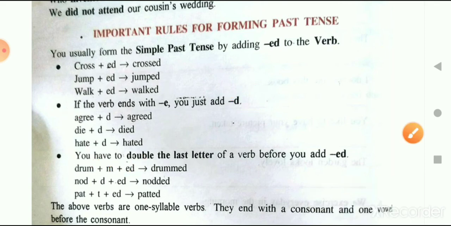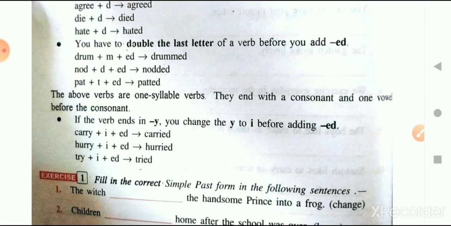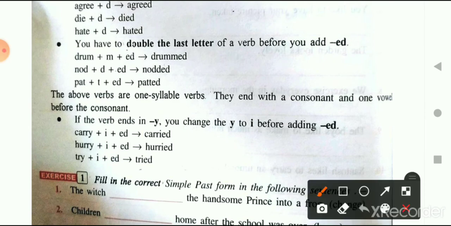So these are a few rules which you have to consider while forming verbs in past tense. The above verbs are one-syllable verbs. They end with a consonant and have one vowel before the consonant. So all the verbs we have discussed previously are one-syllable verbs, which end with a consonant, and before the consonant they have a vowel.